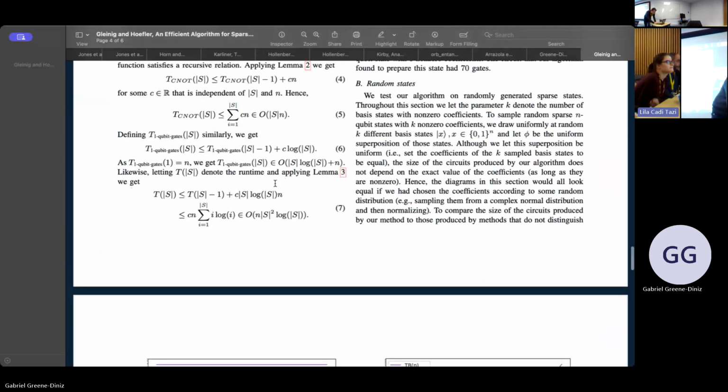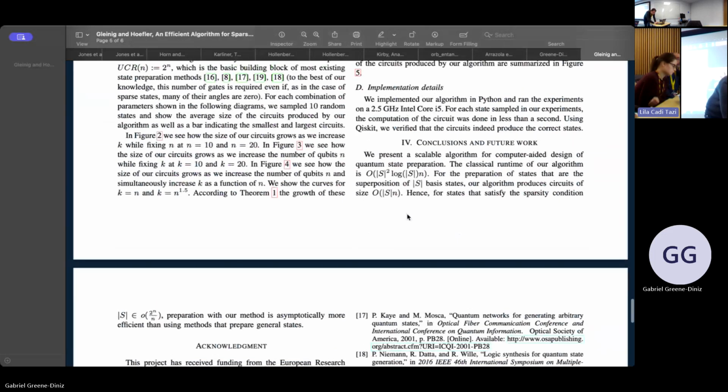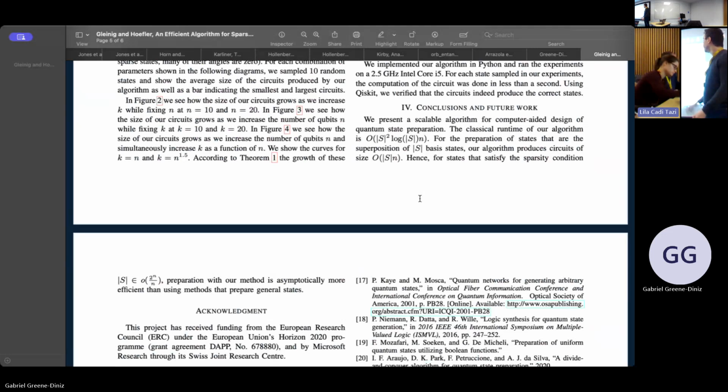Just to put it super explicitly, it's kind of annoying that you have to go way down to the conclusion to find this criteria, but their criteria is the sparsity condition. Once this sparsity condition is satisfied, then their good scaling criteria is applicable, apparently. Okay. Thank you.